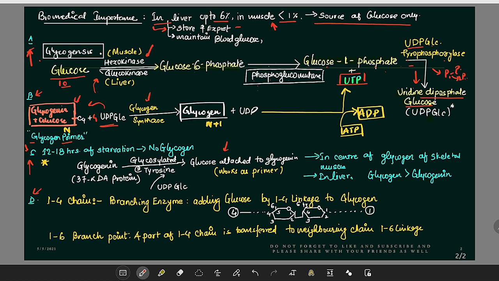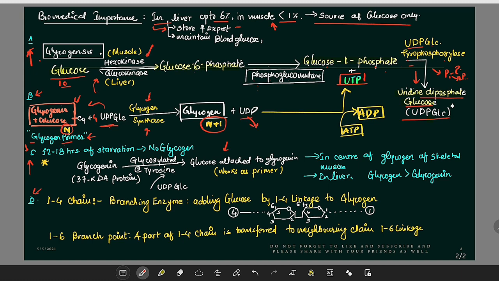In the presence of the enzyme glycogen synthase, this UDP glucose is added to the glycogen primer. You can see that there are n glucose units already available in the chain. After the addition of glucose from UDP glucose to the glycogen primer, the number changes to n plus 1 and UDP is released.